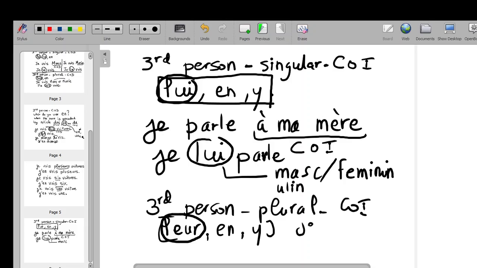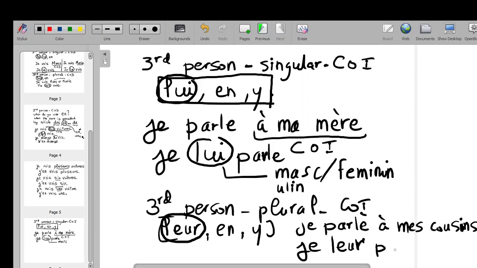So je parle à mes cousins. I speak to my cousins. So it's plural, complément objet indirect. So if you want to replace à mes cousins by a pronoun, you say je leur parle.